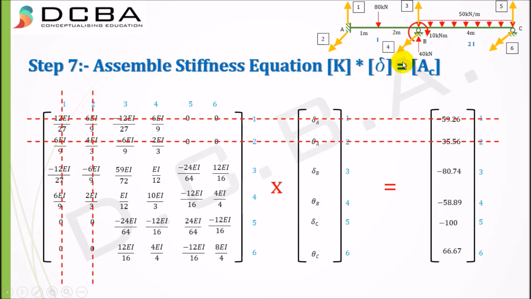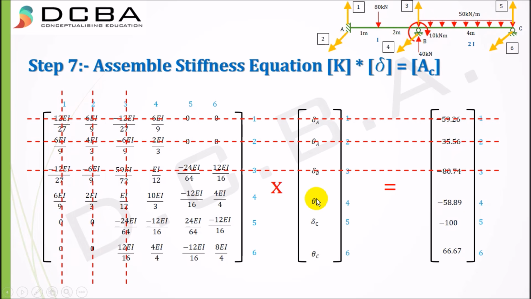Now delta B. Again, this is a roller support, and there is no vertical displacement for a roller support. Therefore, 3, 3. Theta B will occur because this is a roller support, and once it is deflected, there will be some rotation at this point.